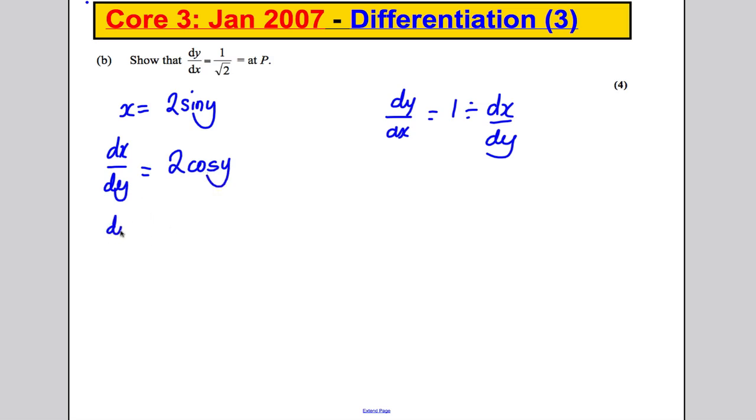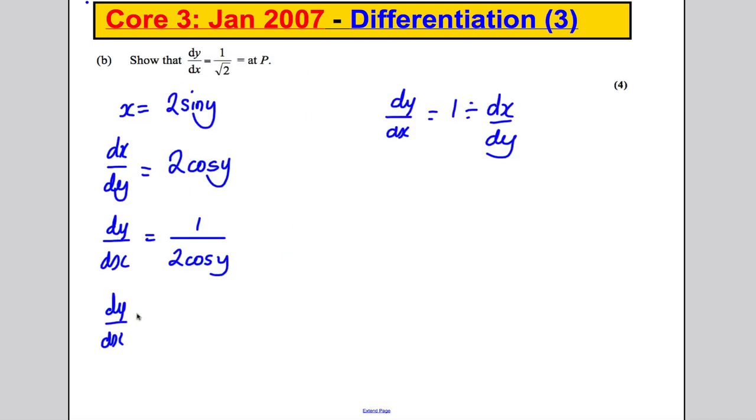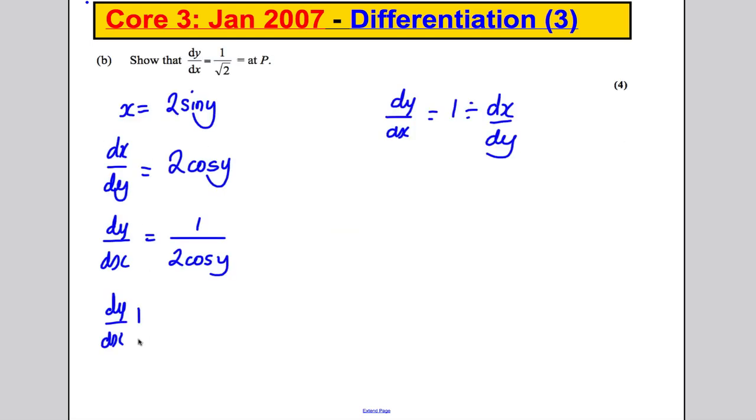So therefore dy by dx is the reciprocal of this, 1 over 2 cos y. Just flipping this. And in particular dy by dx at the point P, the point P is root 2, so when x is root 2, what is y? Pi by 4. So when y is equal to pi by 4, you sub in pi by 4 here, 2 cos of pi by 4, and you get 1 over root 2 as required.